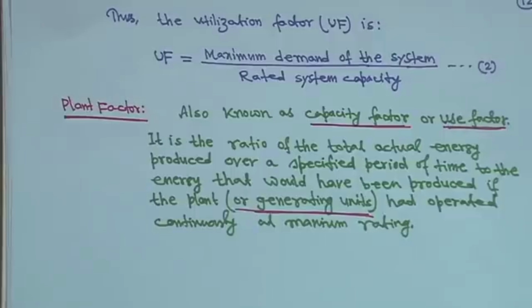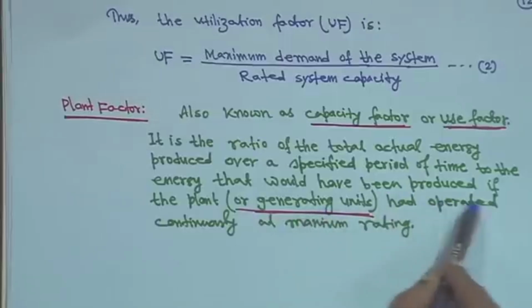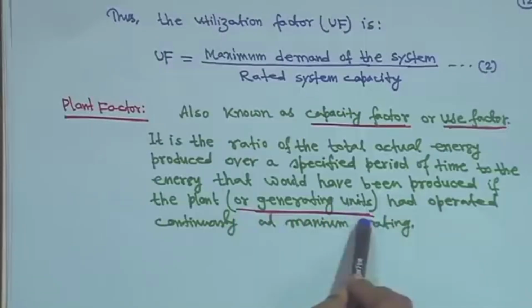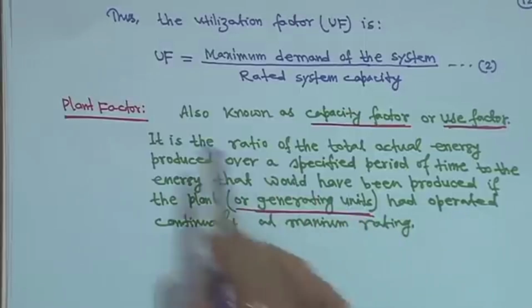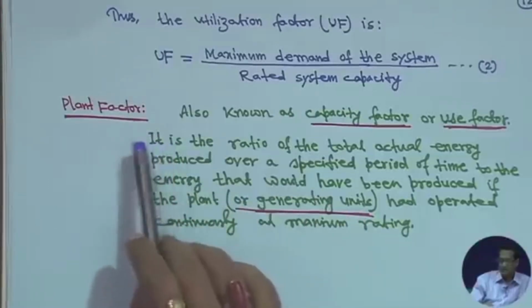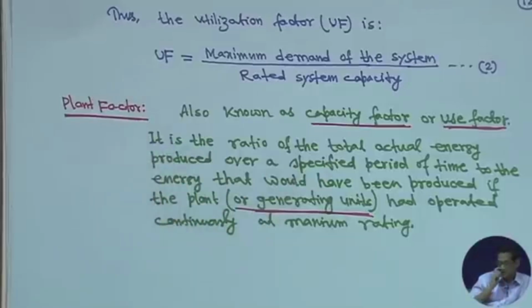So it is the ratio of the total actual energy produced over a specified period of time, say annually, to the energy that would have been produced if the generating units had operated continuously at maximum rating. So this is called plant factor, capacity factor, or use factor.